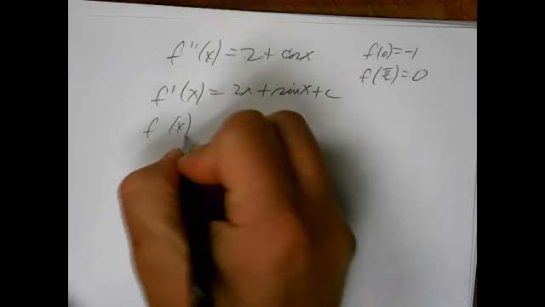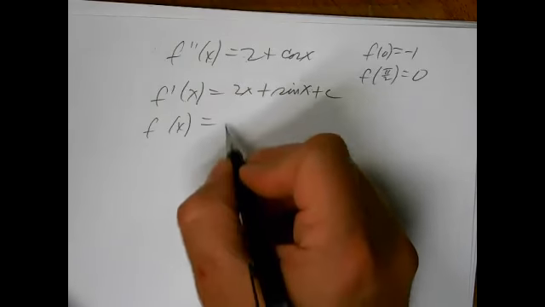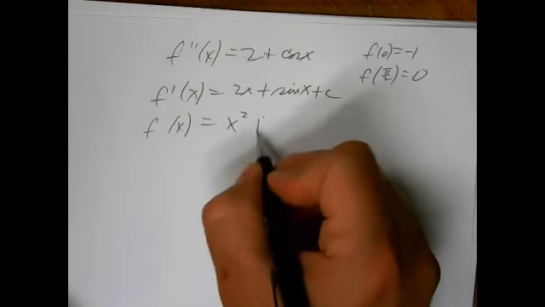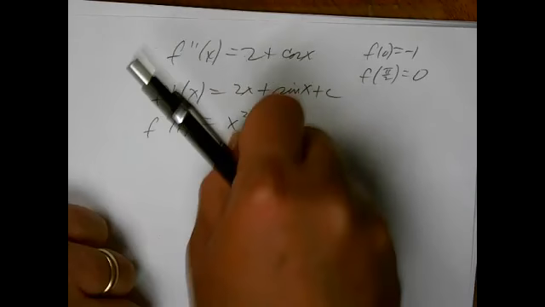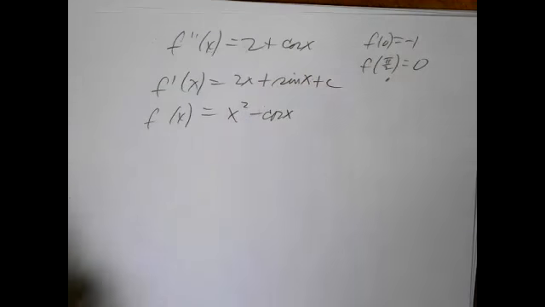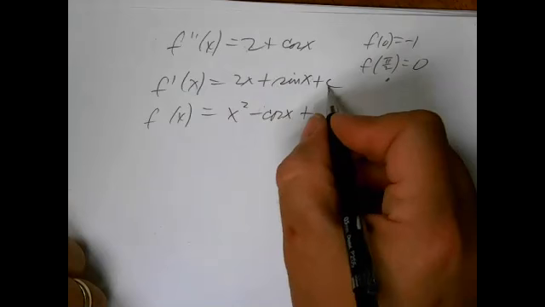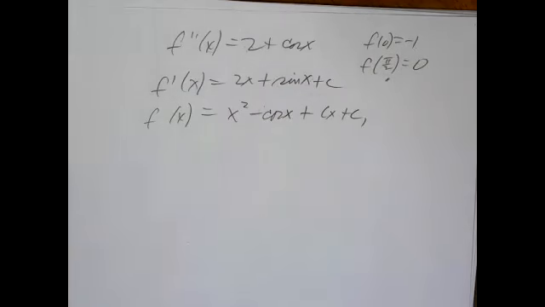For f of x, antiderivative one more time: the antiderivative of 2x is x squared. The antiderivative of sine is negative cosine. The antiderivative of C is Cx plus some other constant of integration.